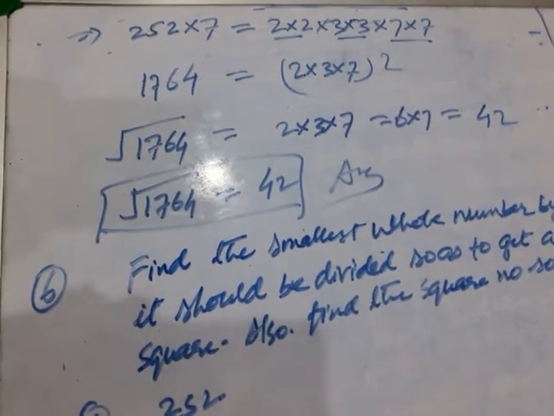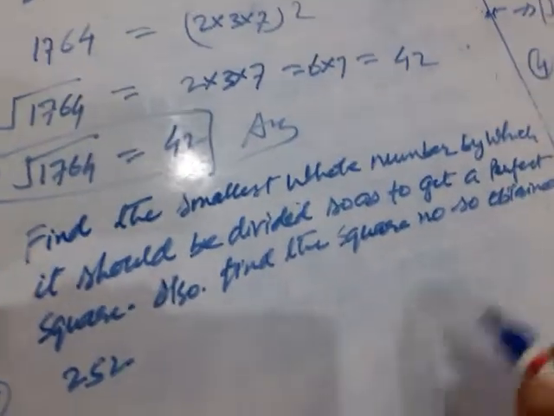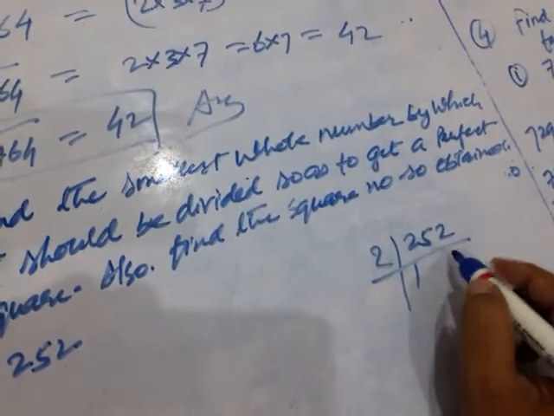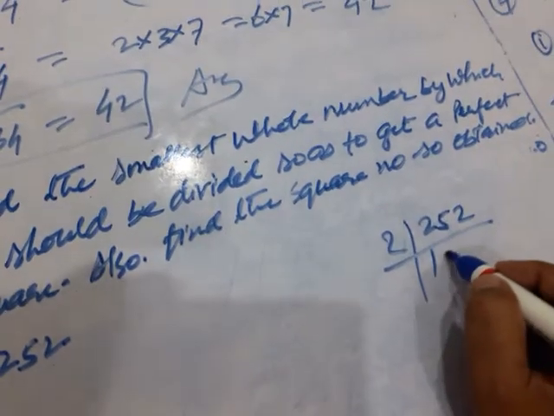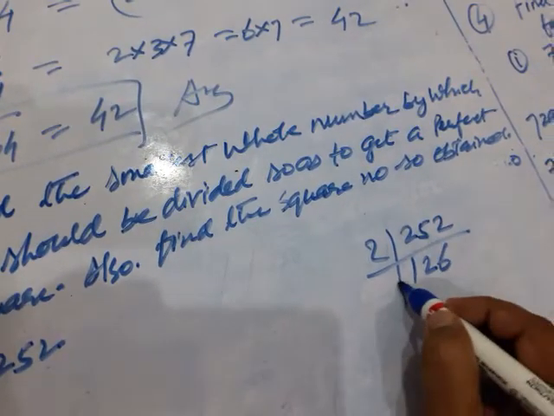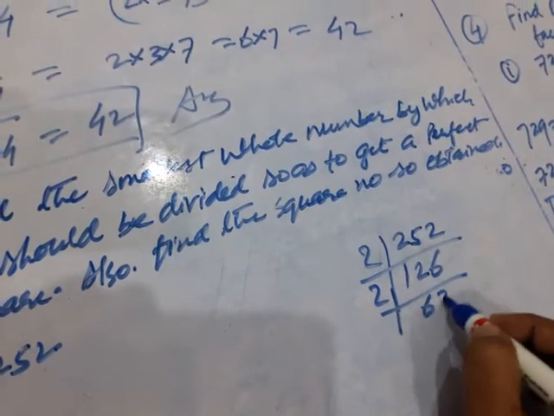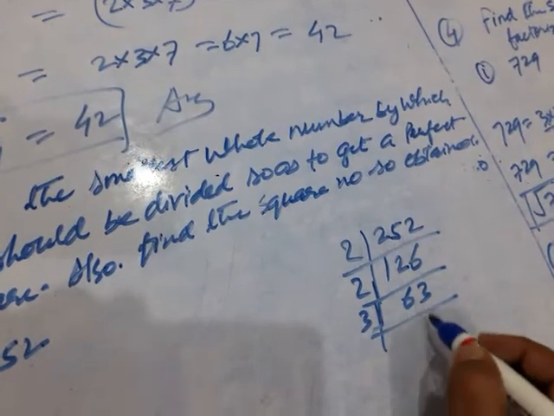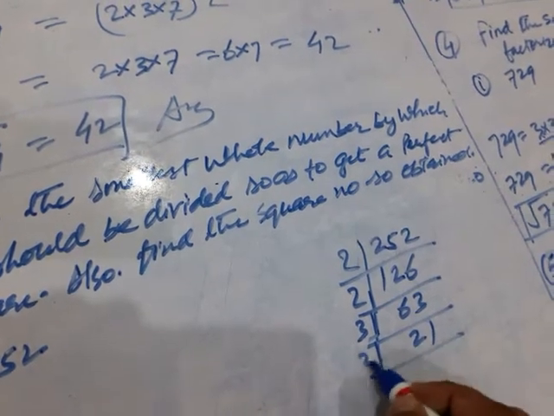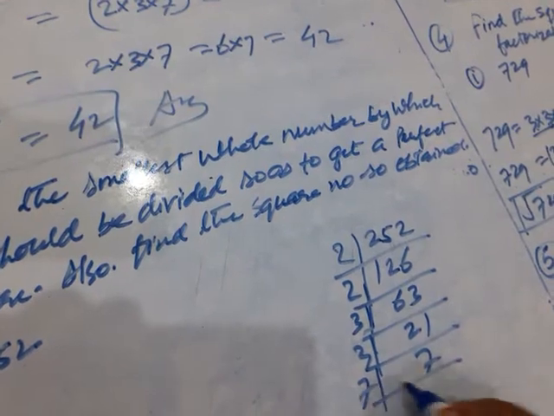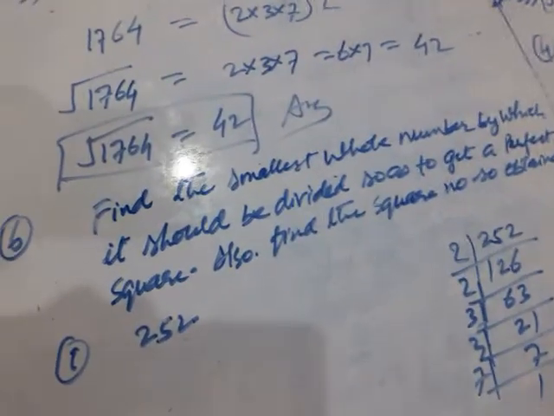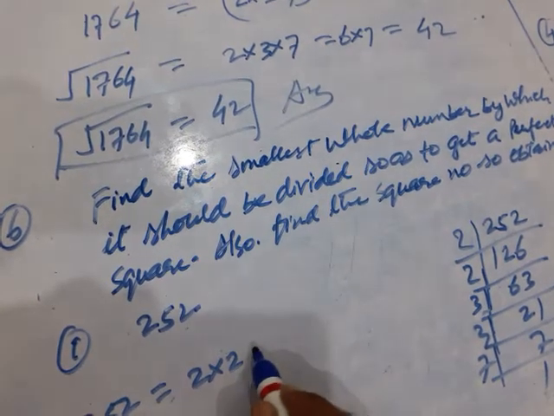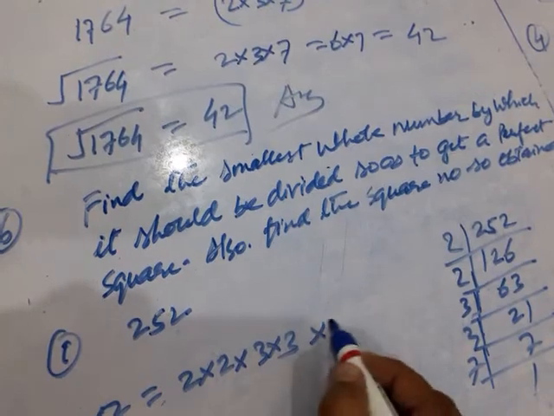Same thing here, 252. Find out the prime factorization of 252. 2 ones are 2, 2 twos are 4, 2 sixes are 12, then 2 threes are 6, then divide by 3, 3 twos are 6, 3 ones are 3, and 3 sevens are 21, and 7 ones are 7. Okay children, so 252 equals 2 into 2 into 3 into 3 into 7.